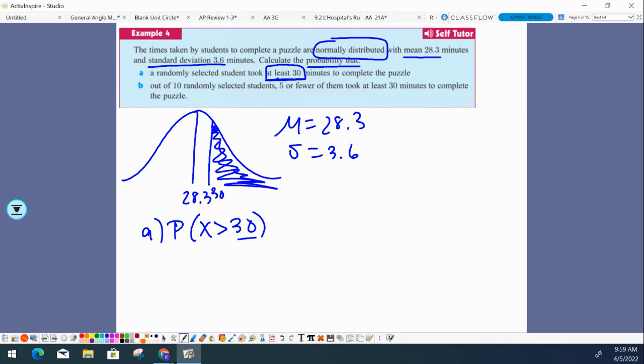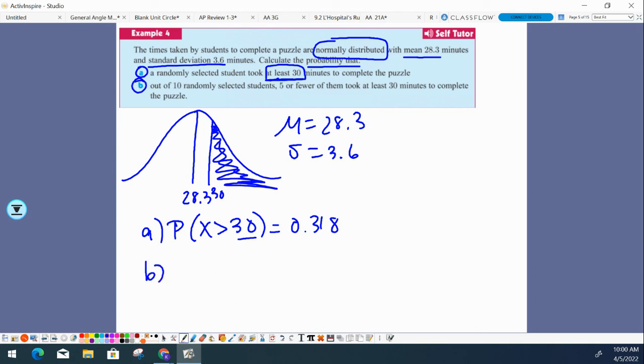Now we have to change our mean to 28.3, standard deviation to 3.6, paste. And this particular probability is 0.318. So that's very consistent with what we've been doing, and that's all we need for letter A.